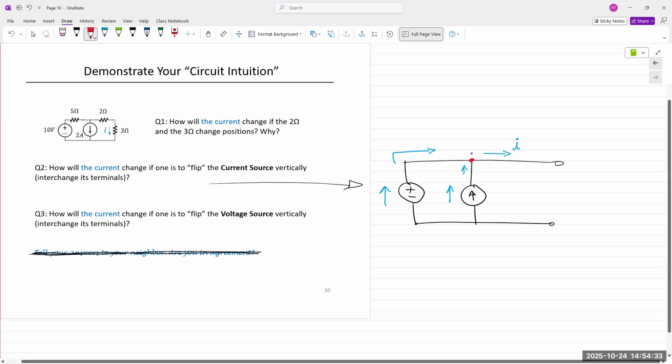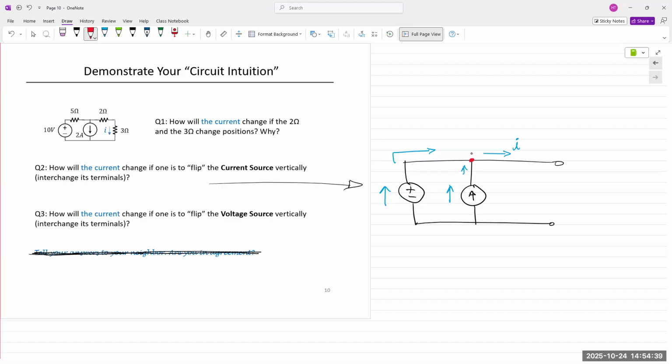I is a result of the current flowing from the current source as well as the one in the 5 ohm. So by its very nature, I must be larger than that 5 ohm current because the current source is adding on to it. Not in the 5 ohms, in the 2 ohm. Yes, I thought you asked the other way around. So the question being asked is, would there be more current flowing in the 2 or 3 ohm resistor than in the 5 ohm resistor? The answer is yes, and we can easily prove that by KCL.